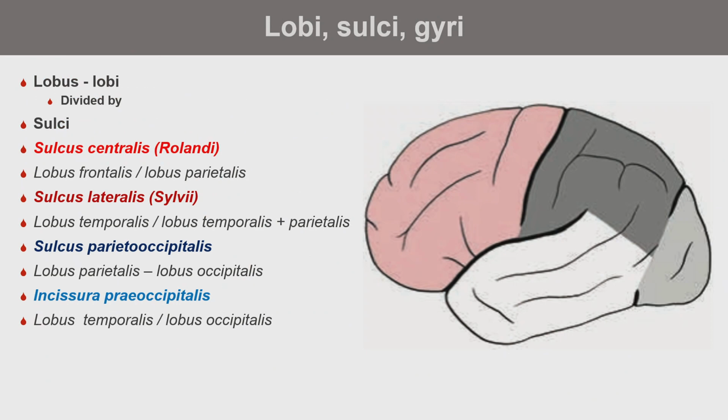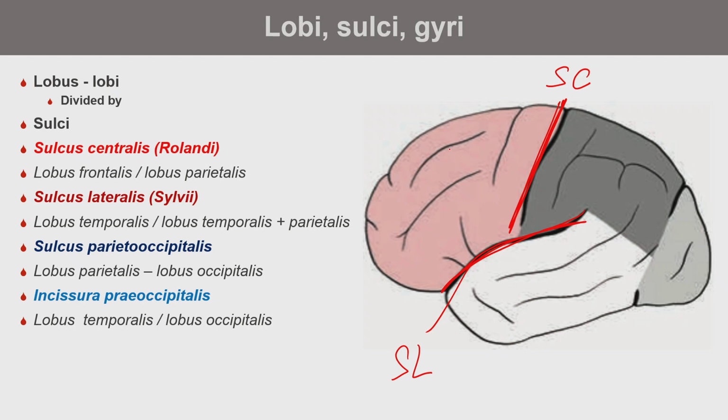So now we turn to the next part, the last part. Description of a head in the part of the telencephalon. We can distinguish in the telencephalon the following structures: lobi, lobes, sulci, grooves, and we are using prominent two of them, which are sulcus centralis and sulcus lateralis, central and lateral groove.